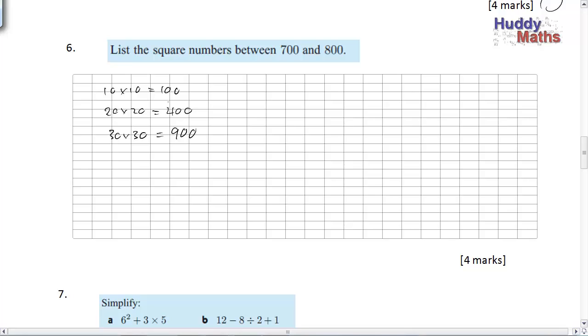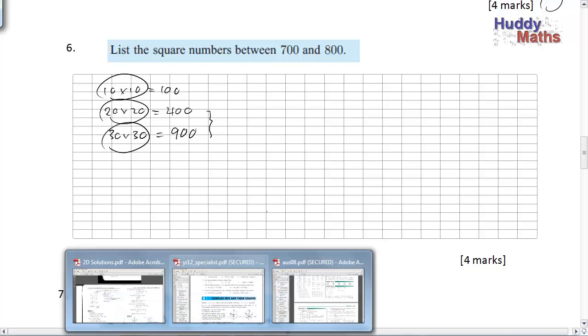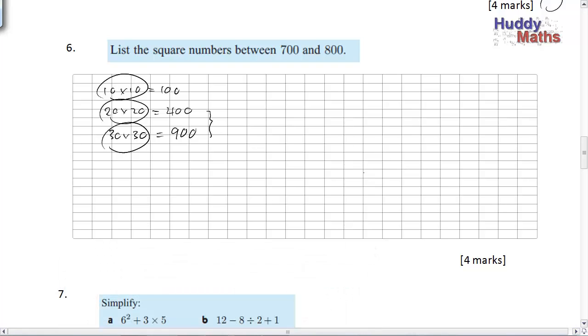We're looking at square numbers, so I'm squaring various numbers here. So it's somewhere between 20 and 30. So what you're going to have to do is use the calculator, I think, and try 21 squared and so on. Yes, you won't be able to do that in your head, or long multiplication takes too long.